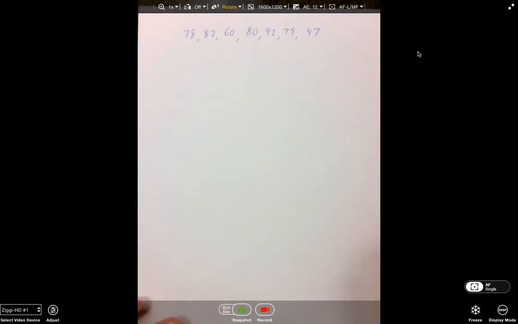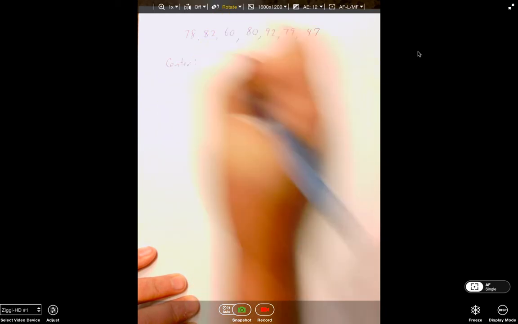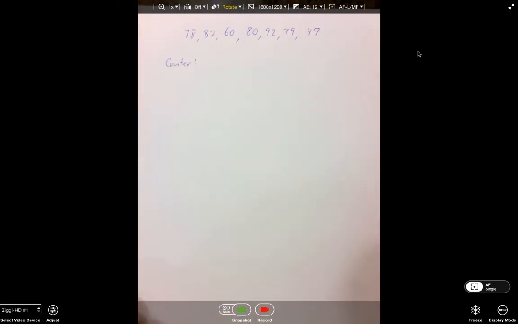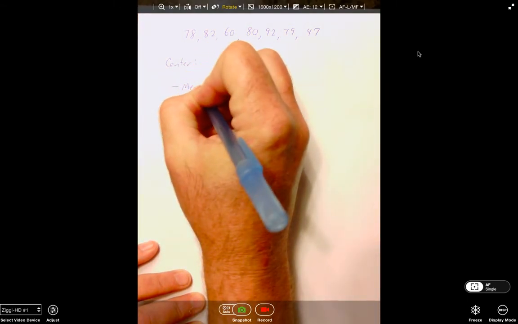So the first thing I want to illustrate to you are the measures of center. And along the way, I want to tell you not only what the answer is, but I want to tell you about the interpretation. So guys, the first one is the mean.